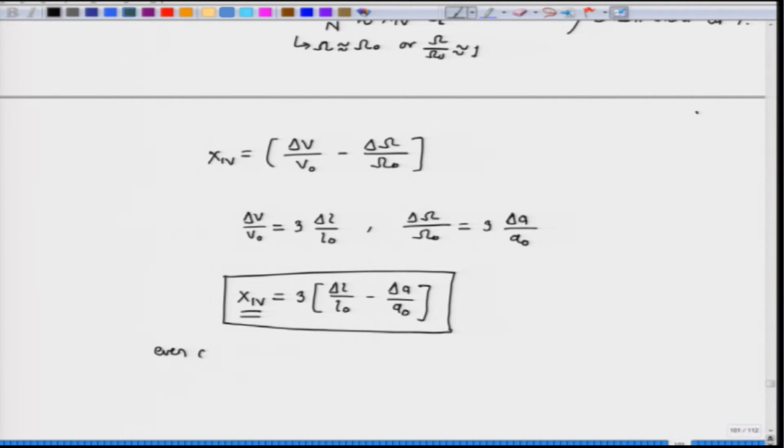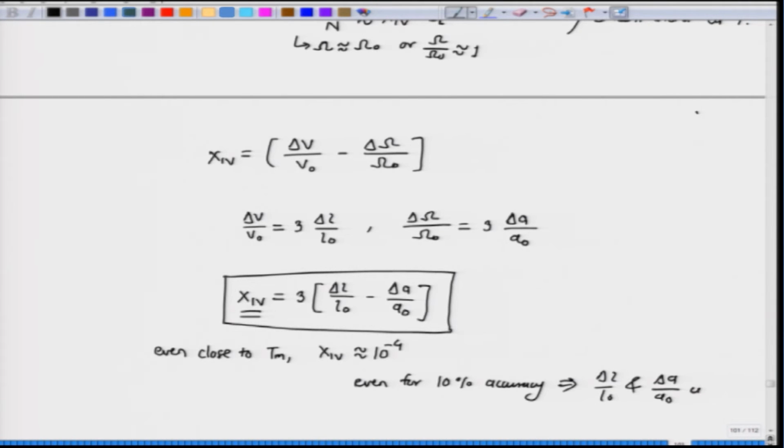Even close to melting temperature, x1v is typically about 10 to the power minus 4, which means if we expect about 10% accuracy, we need to measure delta L by L0 and delta A by A0 with an accuracy of 10 to the power minus 5.